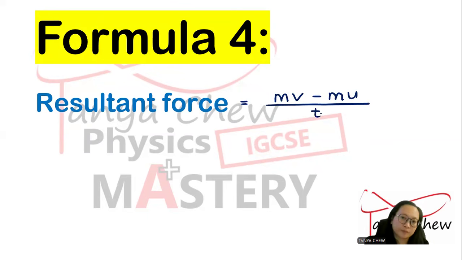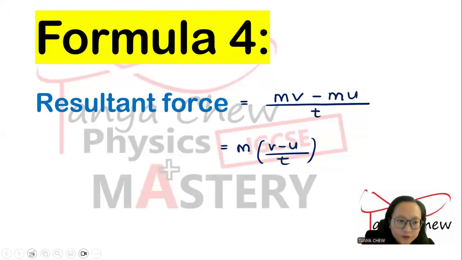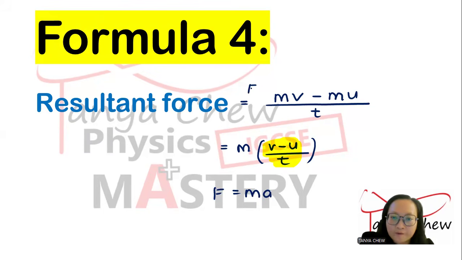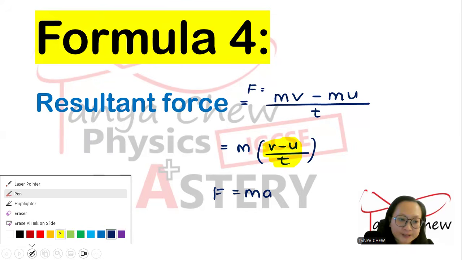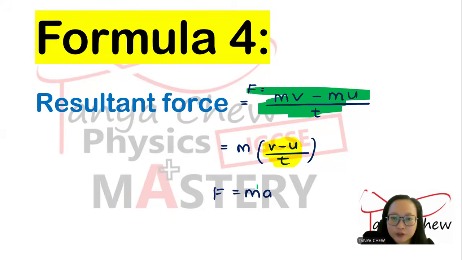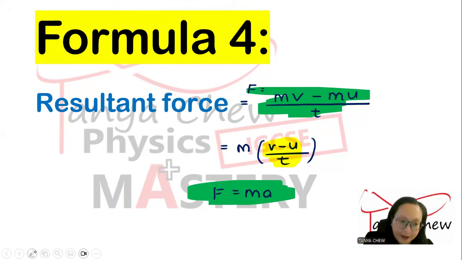If you factorize out the m, you will get m times (v minus u) over t. This (v minus u) over t is the definition of acceleration. That is why resultant force can also be written as F equals ma or F equals mv minus mu over t. These are the two equations that you can memorize.